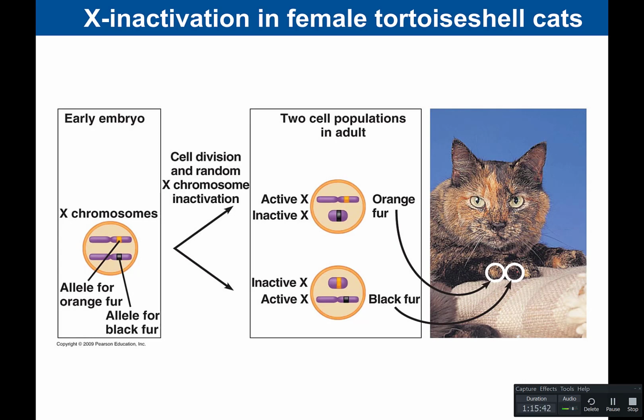Even if you have identical twins, even if you have clones of a cat, even though they're genetically identical, physically they might look different because of the random nature of inactivating the X chromosome. Genetically, they could be totally the same, except which X is activated could be different, which leads to different phenotypes.